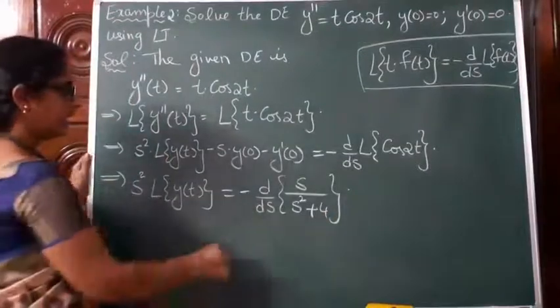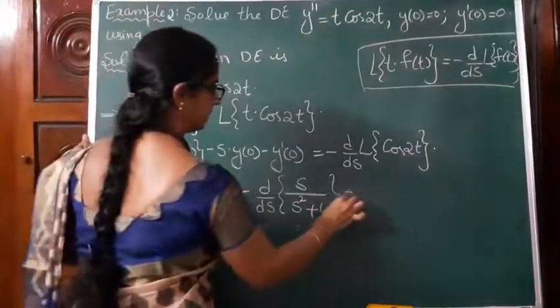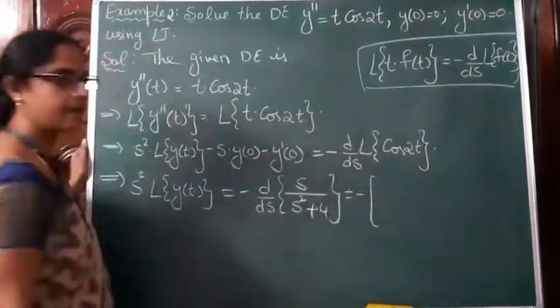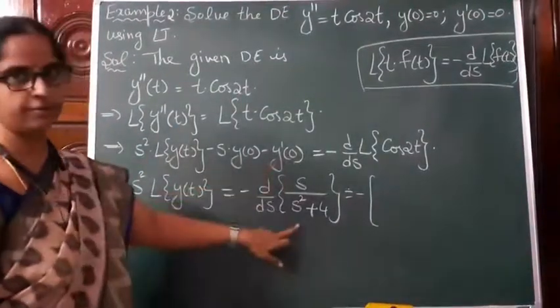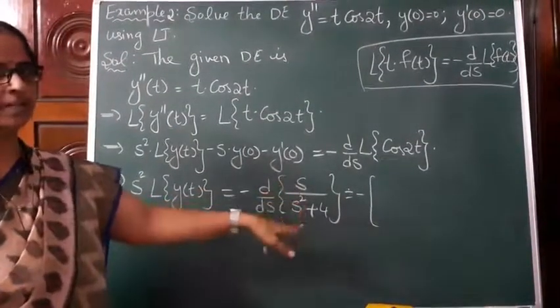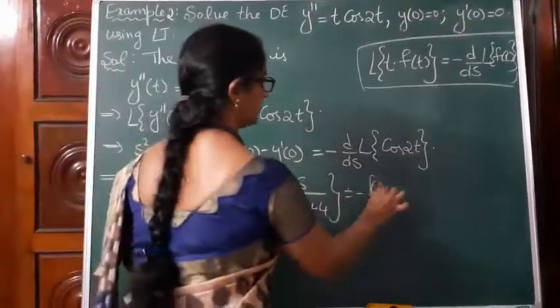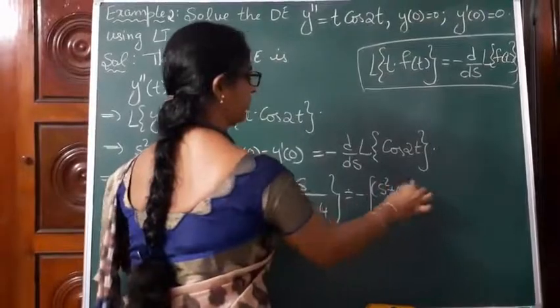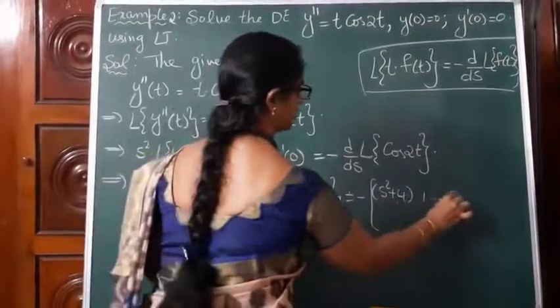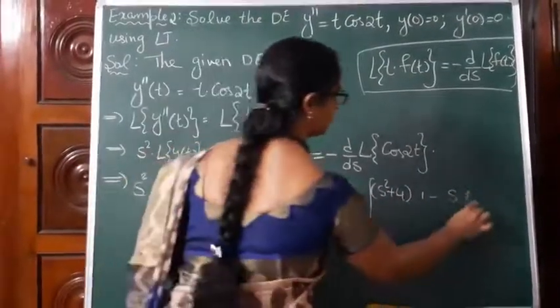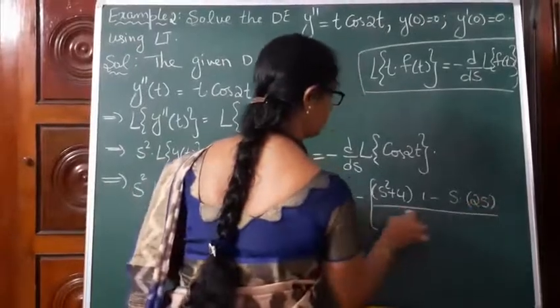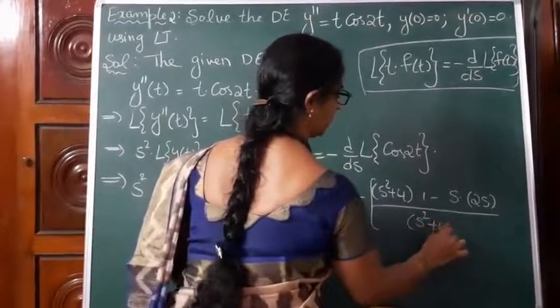Now if we differentiate s by s square plus 4 using the u by v rule, what is the derivative of u by v? It is v into u dash minus u into v dash by v square. So this is s square plus 4 into the derivative of s, which is 1, minus s into the derivative of s square plus 4, which is 2s, by v square, which is s square plus 4 whole square.